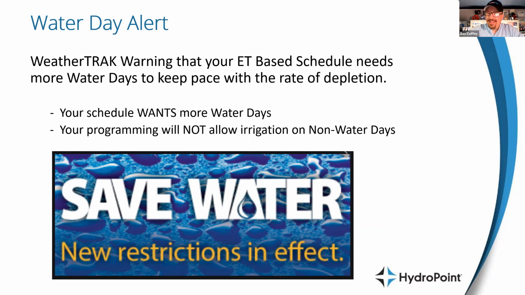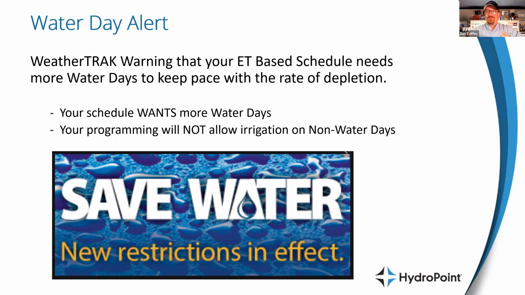Basically, a water day alert is saying, hey, I want 5 days to irrigate to keep up with the ET, and you've only allowed me 3 days to irrigate. This is not a critical alert because if you only have 3 days by your local restrictions, it doesn't matter what the ET or the science wants.